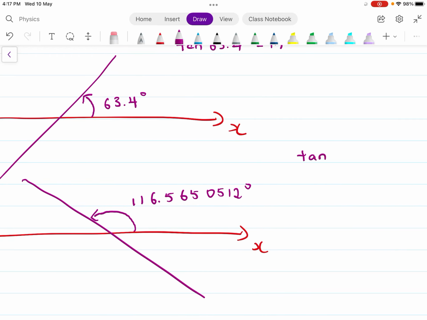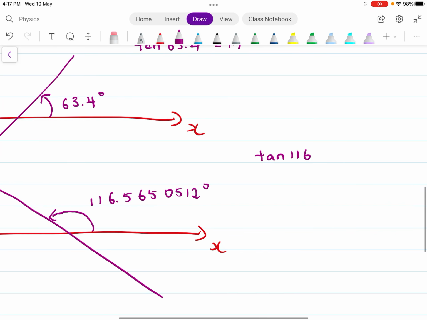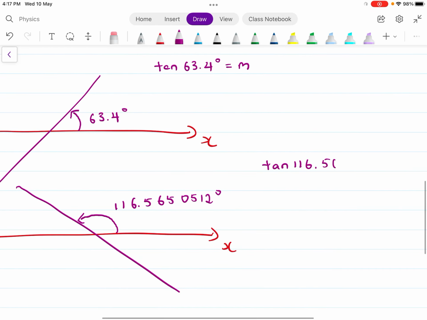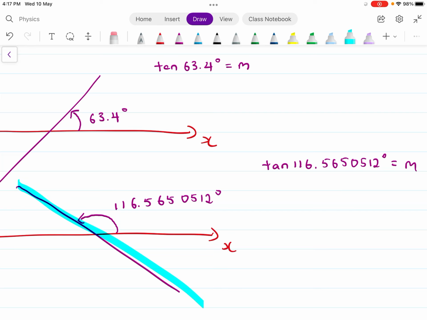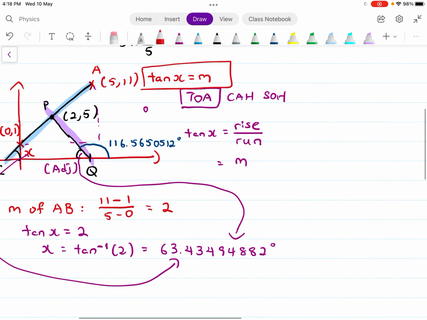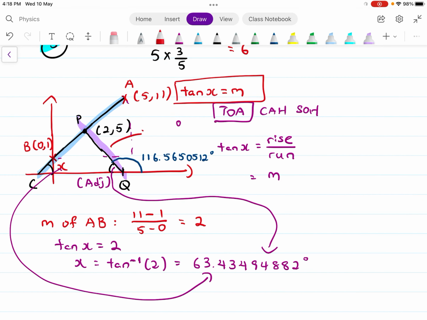Tangent 116.5650512 degrees will be the gradient of our PQ, which is what we want to find. So you sub everything in, and you will get roughly a gradient equal to negative 2. Now we know my PQ gradient is negative 2.